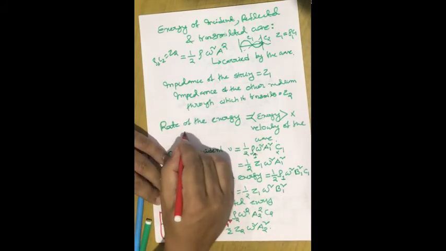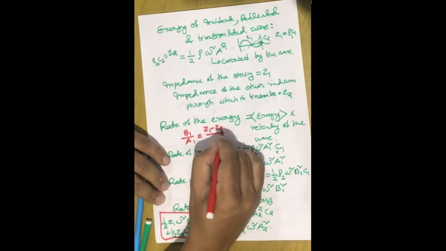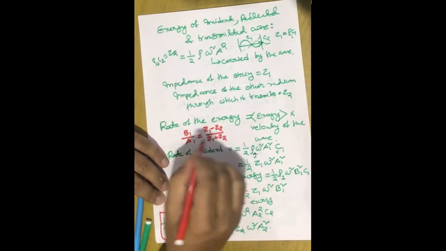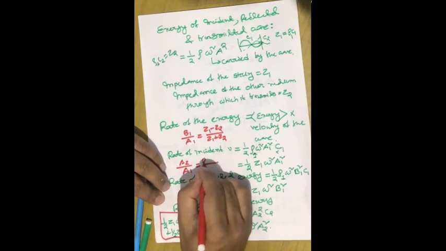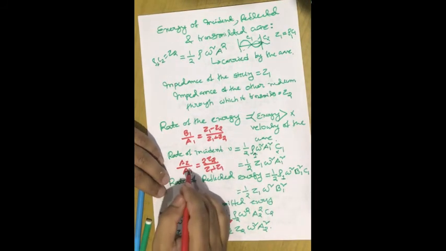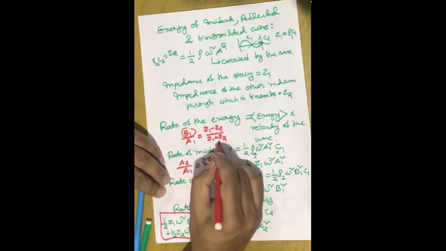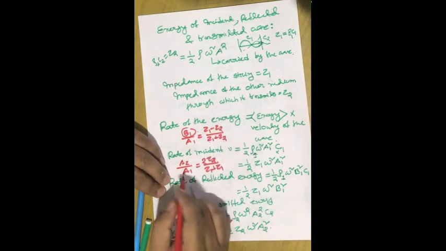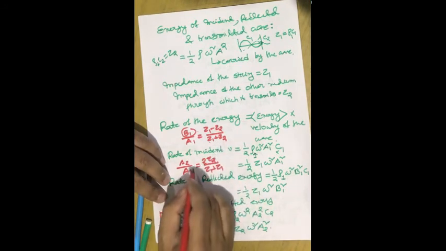We have already determined B1 by A1 as Z1 minus Z2 divided by Z1 plus Z2. Similarly, A2 by A1 we have determined as 2 into Z2 over Z1 plus Z2. So substitute B1 as Z1 minus Z2 divided by Z1 plus Z2 into A1, and A2 as 2Z2 over Z1 plus Z2 into A1.